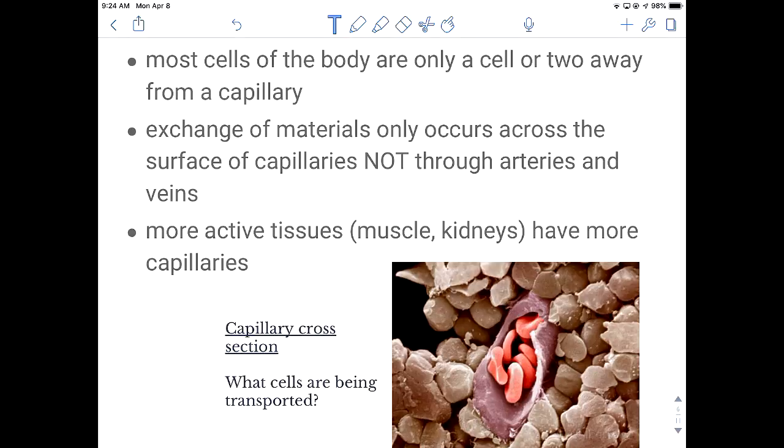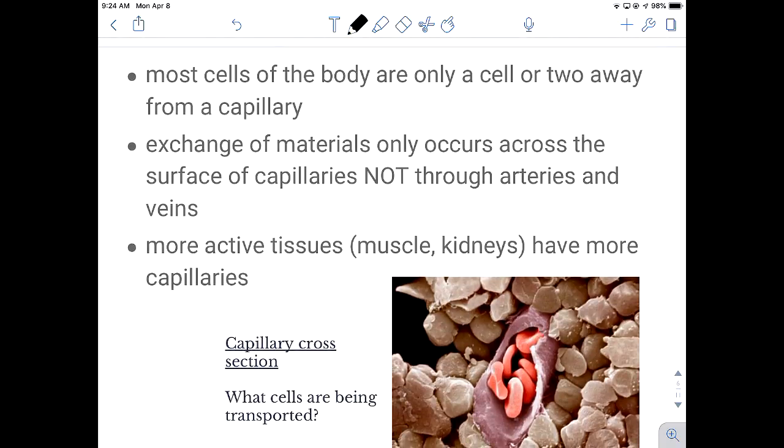All of your tissues are either coated in capillaries, or the capillaries actually go right through them, like in the kidneys. The exchange of materials only occurs across the surface of capillaries, not through arteries or veins. So this is also really important. The exchange of materials only occurs through the surface of capillaries.